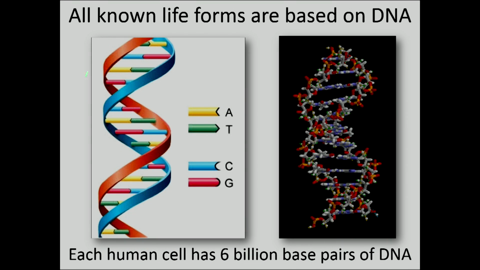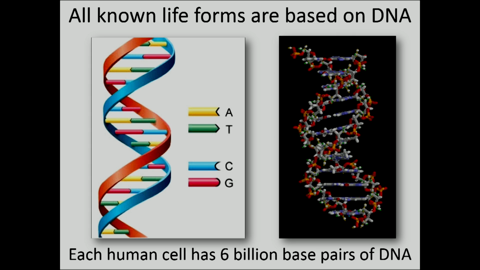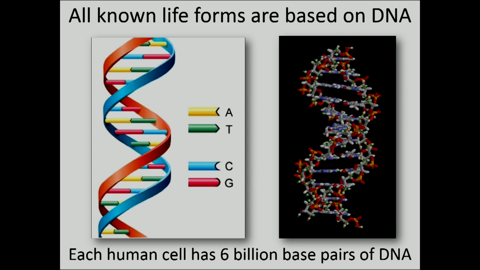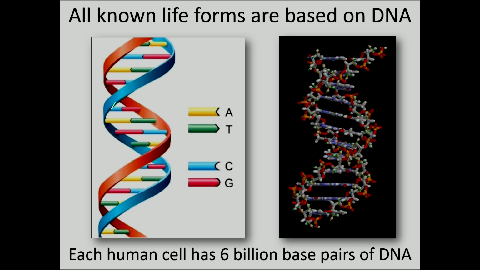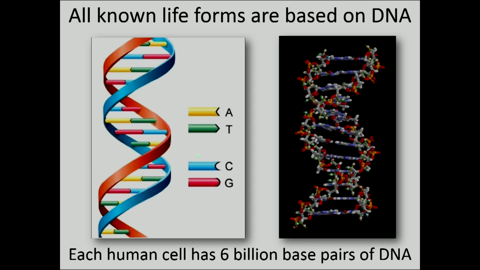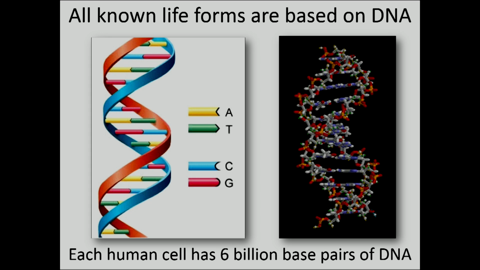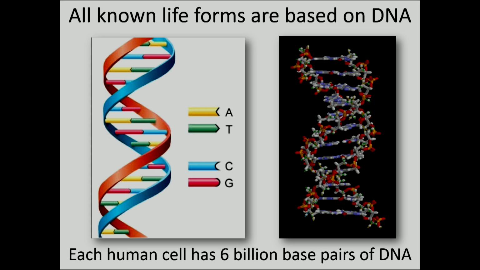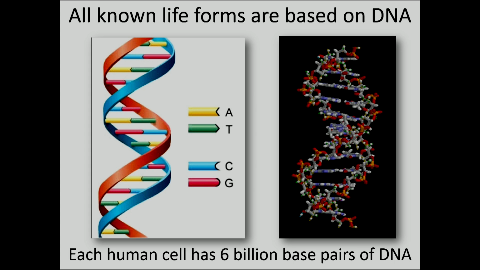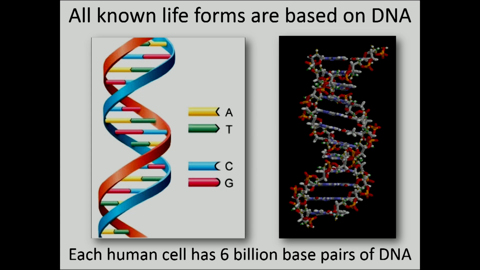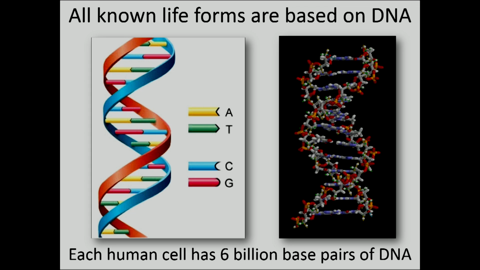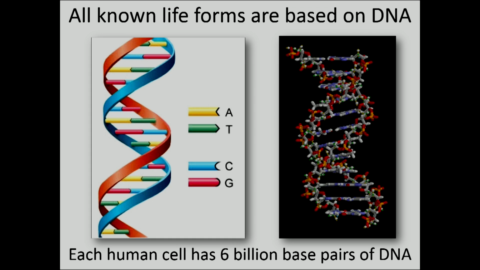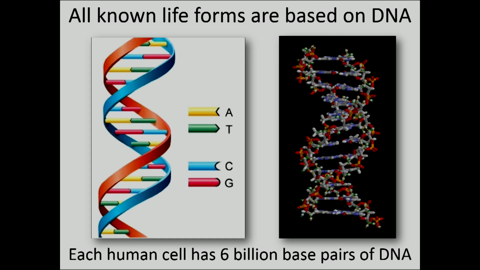And this beautiful molecule, for which we thank Jim and Francis Crick for the structure, as we know, adenine pairs with thymine, cytosine pairs with guanine. At the tip of that spike with the animals are, of course, humans, and every human cell contains 6 billion base pairs of DNA. The haploid is 3 billion base pairs of DNA.